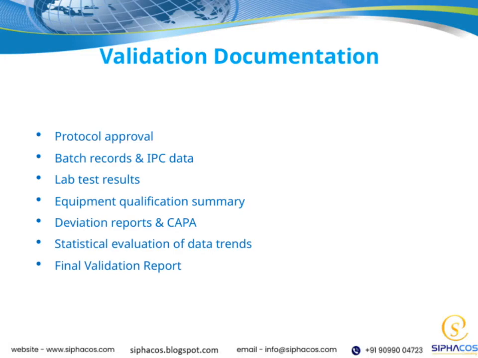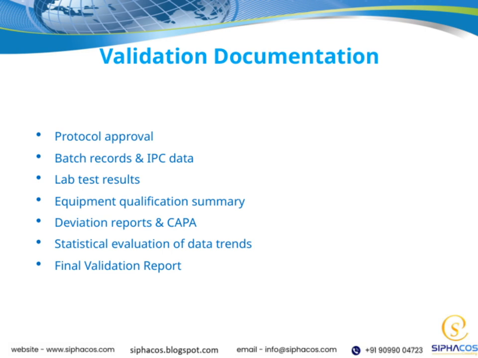Now, let's look at the key elements involved in the final stages of our validation process. First, we have protocol approval, which confirms that all procedures and plans meet the necessary standards before moving forward. Next, we review batch records and IPC data to ensure that each production batch aligns with the approved protocols and quality requirements. Lab test results are then evaluated to verify that product specifications are consistently met.